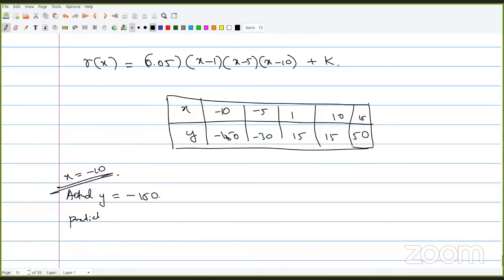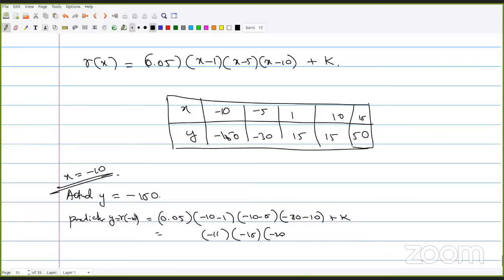The predicted y, or r of -10, is 0.05 times (-10 minus 1)(-10 minus 5)(-10 minus 10) plus k. If you simplify, this will be -11 times -15 times -20 times 0.05, which is -165 plus k.